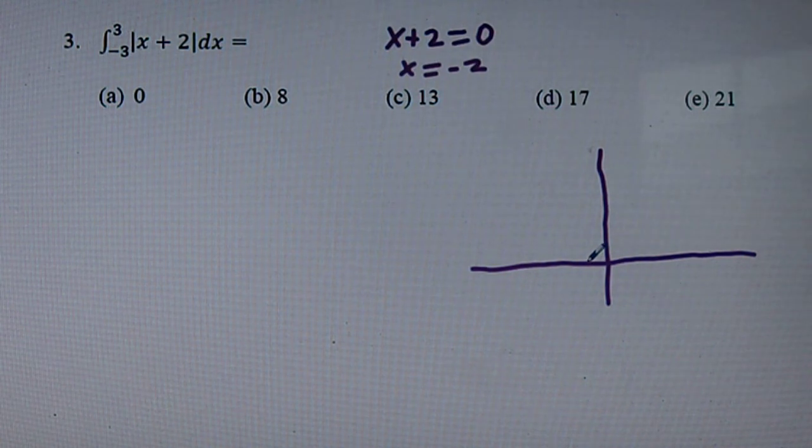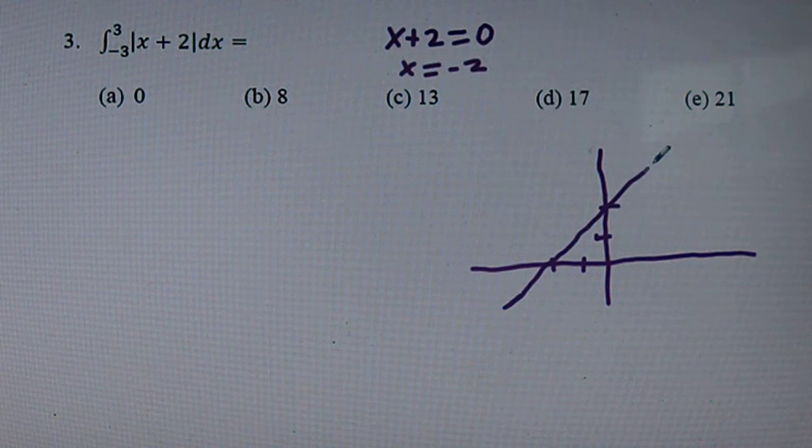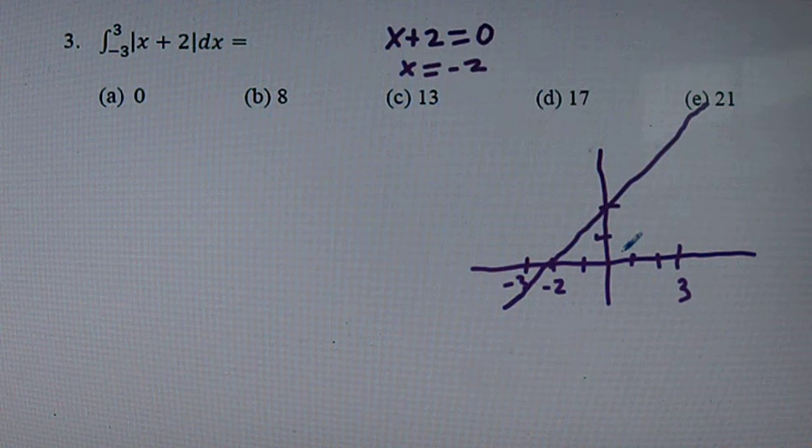So if we go over here on our hastily drawn sketch, the function crosses the x-axis at x equals -2, and this is a slope of 1, so we're going up like this, and we're going all the way to, in our limits, x equals 3. So there's x equals 3, there's x equals -2, and then -3 is also crucial because that's our left limit.